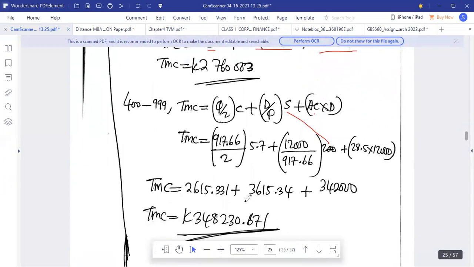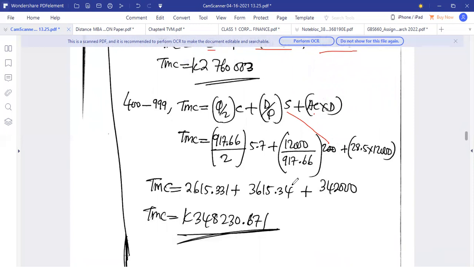And for the feasibility, guys, this one is feasible. This one was supposed to be 917.66 divided by 2 multiplied by 5.7, which is okay. Then that one 12,000 divided by, okay. So this one is supposed to be 2, 6, not 3, 6.